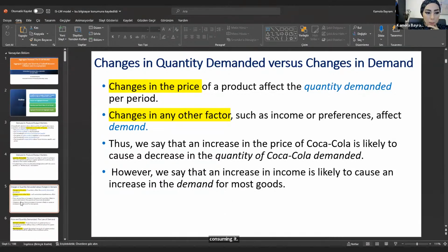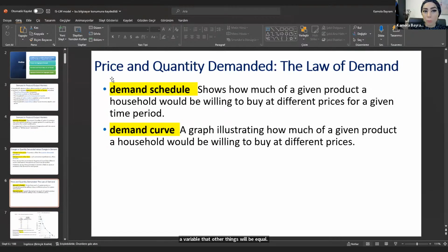Well, so now continuing here, we just focus on the quantity demanded, given ceteris paribus, that other things will be equal. Now, moving to the next slide: price and quantity demanded, the law of demand. Now we have the demand schedule and the demand curve.